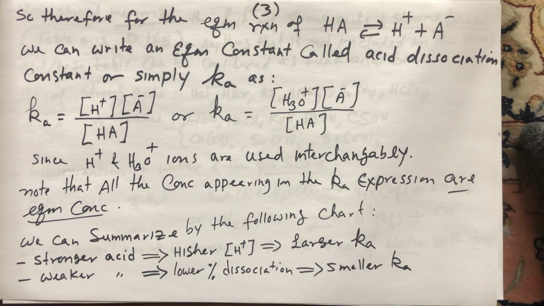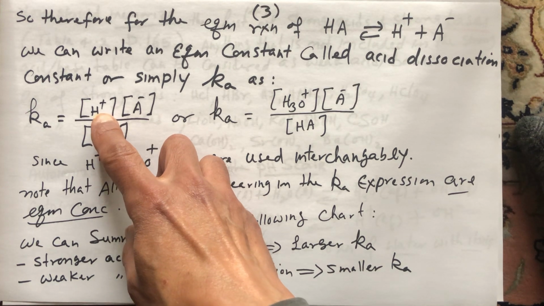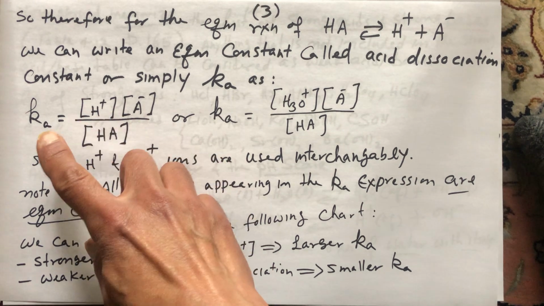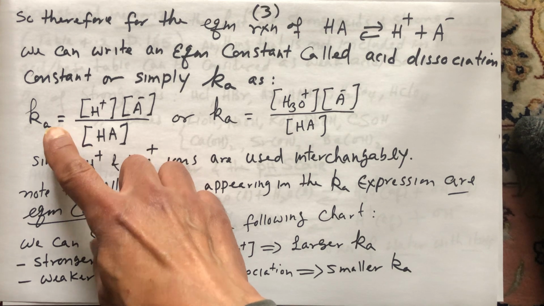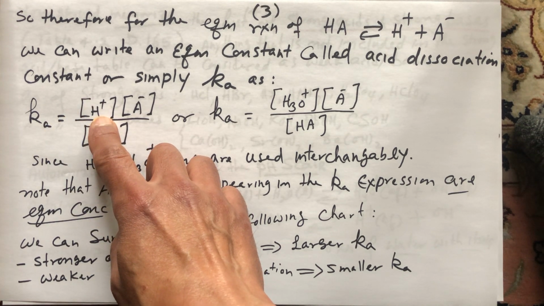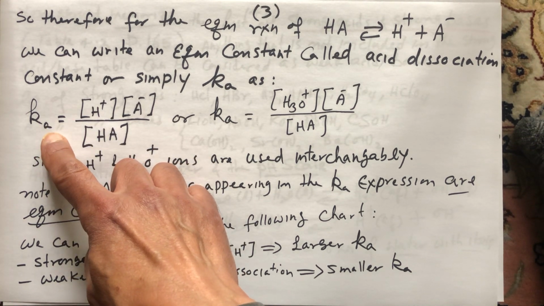So in other words, we can always go back to this reaction and see that for a strong acid, this H plus concentration is higher compared to the weak acid, and therefore the magnitude of Ka is larger. For the weak acid, the H plus concentration is lower, therefore the value of the Ka is smaller.